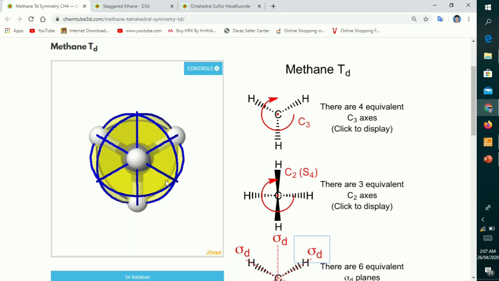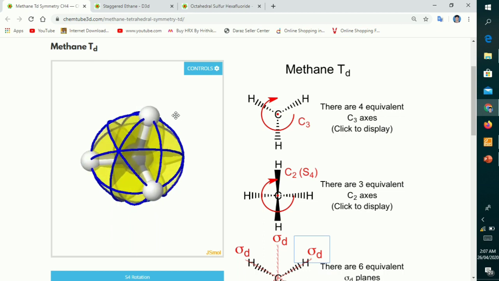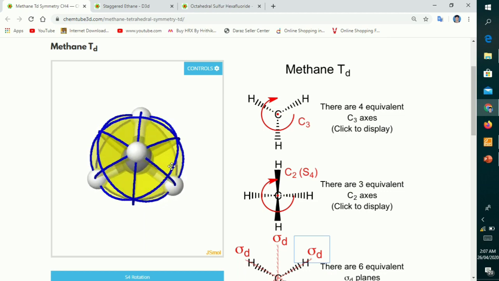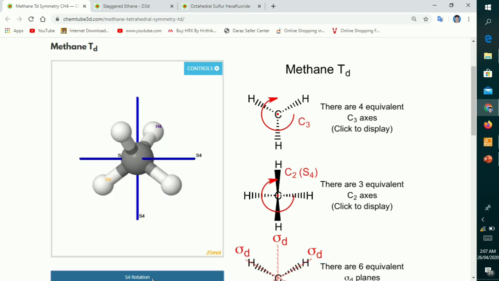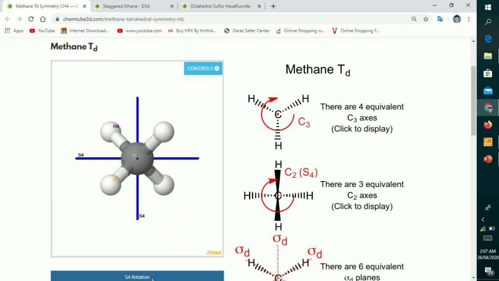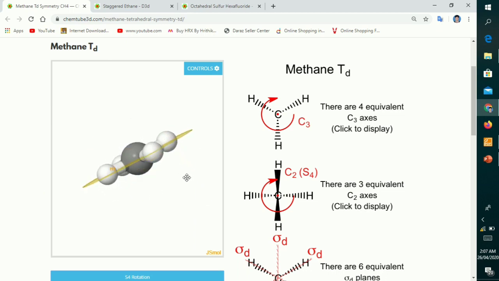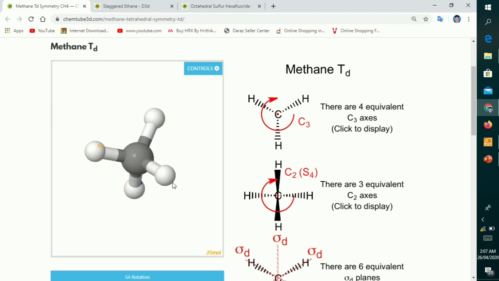Here we can see there are 6 sigma d present, and you can count the different sigmas in the CH4 molecule. If we talk about the last one, S4 rotation, you can just click this, and here you can see the S4 rotation present in CH4, and this is the sigma changing.